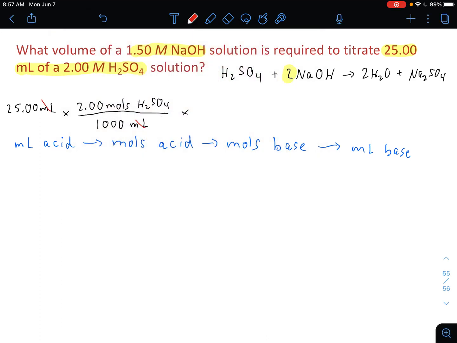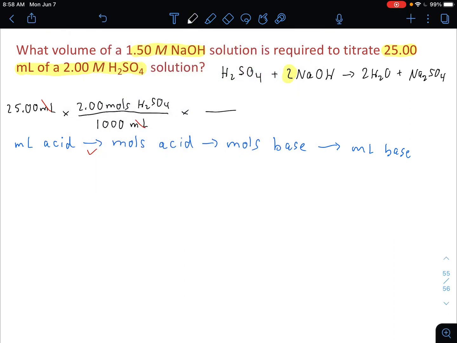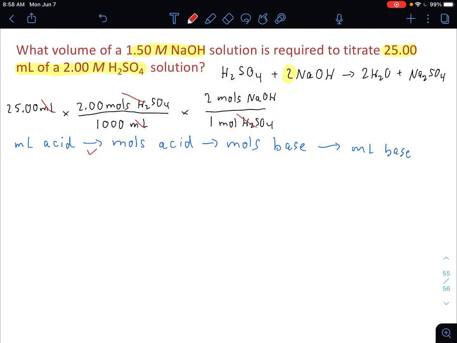Milliliters go with milliliters. Now we're in moles. That's the first step. Then balanced equation comes in, right? For every 1 mole H2SO4, 2 moles NaOH. Moles of acid cancel. Now I'm in moles of base.